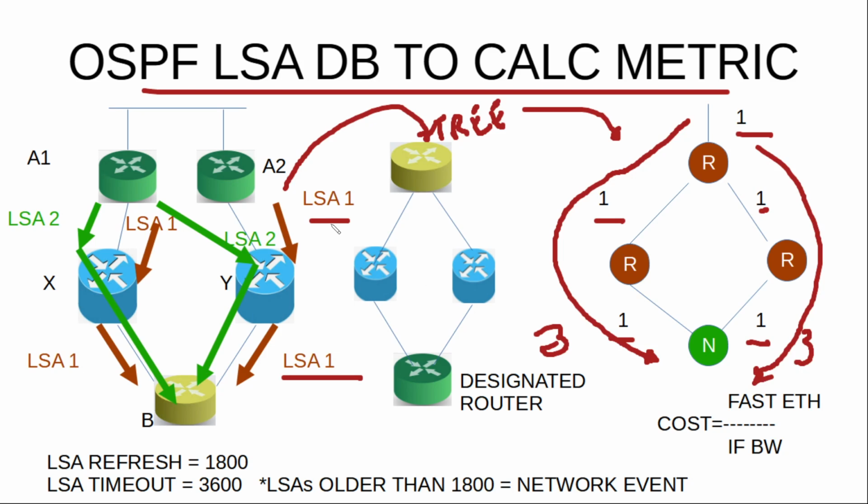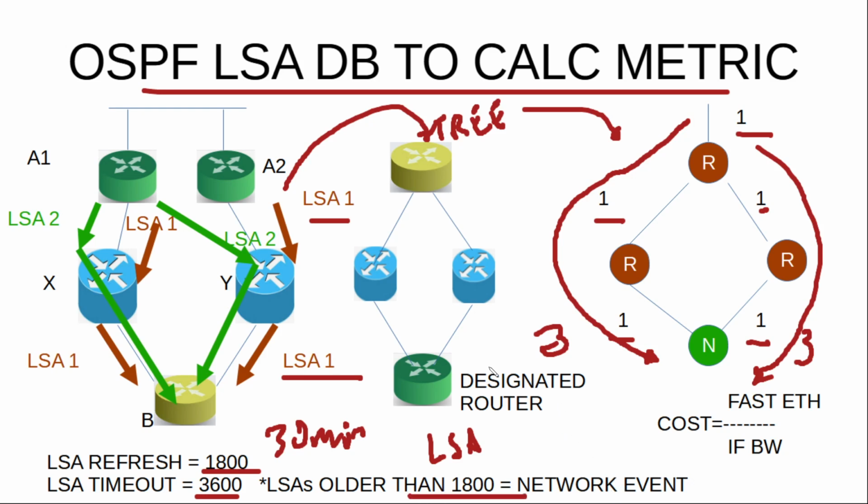Notice that these LSAs are created by all OSPF routers, and they have to be refreshed every 30 minutes. Once these LSAs land in the link state database, they must exist there for no longer than 1 hour. So if you take a look at your link state database and you see an LSA that has more than 30 minutes, something is wrong with your network.